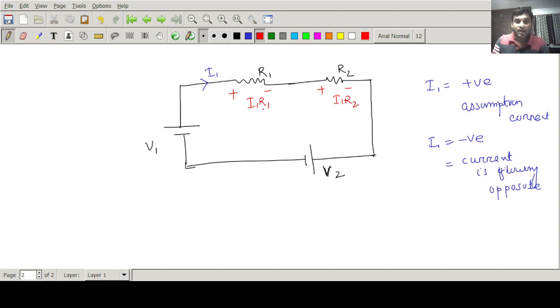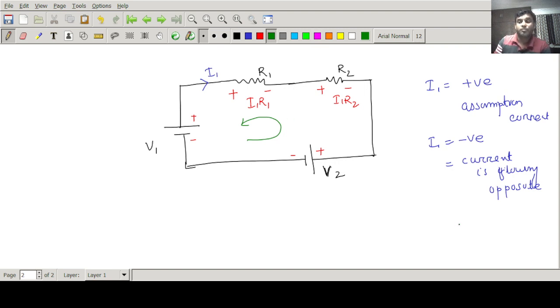And this is the battery. We know this is the positive end and this is the negative end. Now comes our motion. In which direction do you want to go? Suppose I want to go in the anti-clockwise direction, and I want to write the KVL.